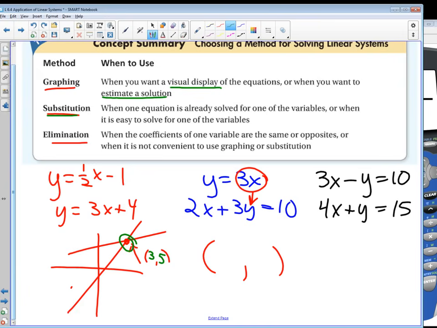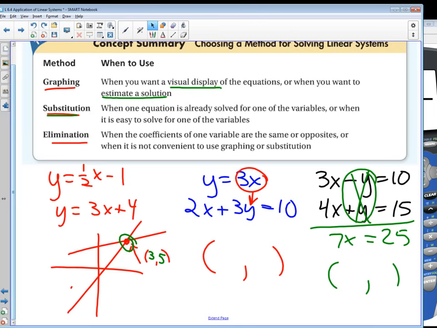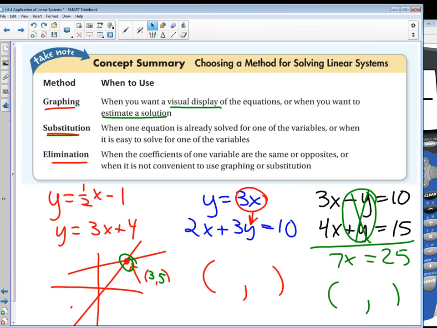In this problem, negative y and positive y are exact opposites. They will cancel each other out, or eliminate. So solving this system, it's best to use the elimination method because the two y variables will cancel each other out. Okay, you can use any of these methods in this lesson. The goal is to solve a system for a story problem and use the method that works best.